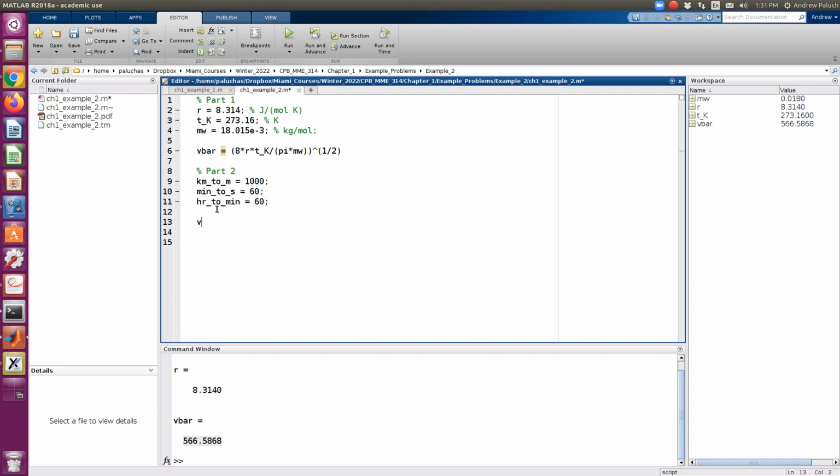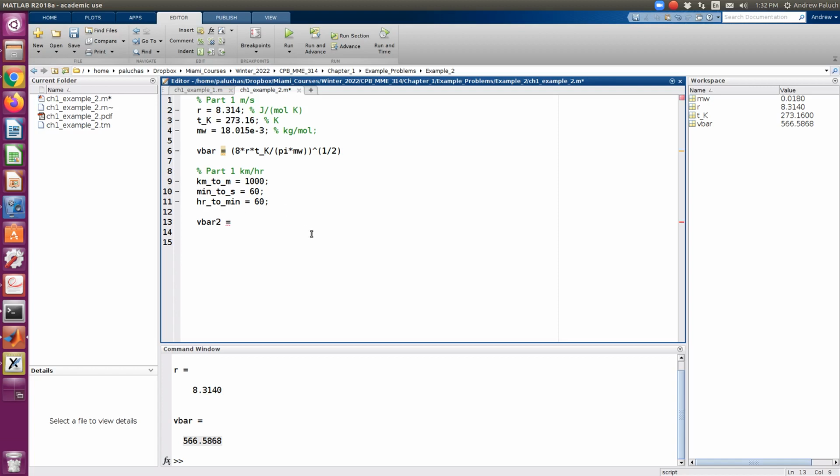Okay, so part 1, this original one is meters per second. So then part 1, to get kilometers per hour, I'll call this V bar 2.